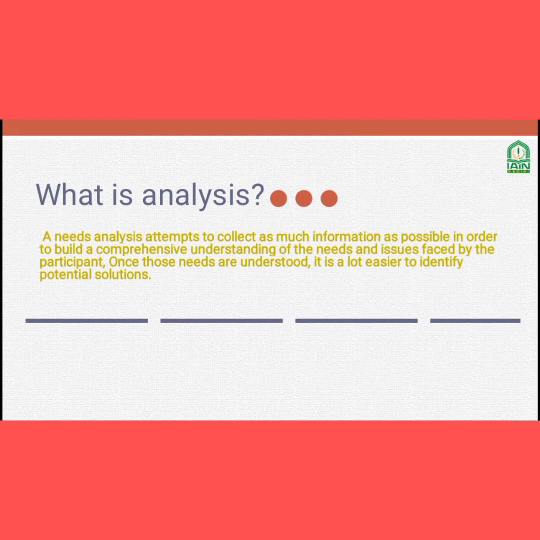So how to do a need analysis? First, you have to collect background information of your participants, maybe the age or their capability of speaking English if you have an English course. Next is understanding the real needs of the participants, what they need from this course.